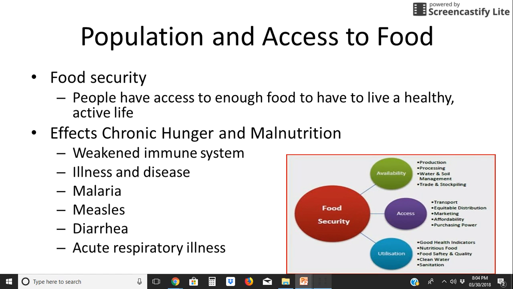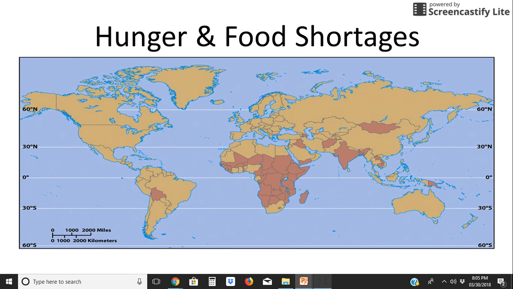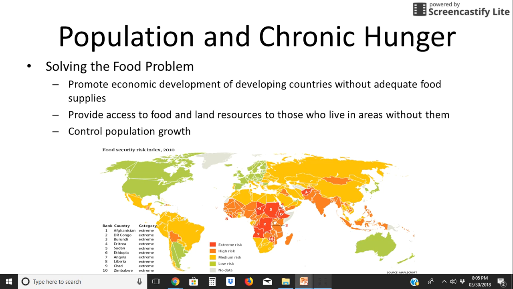And so malnutrition can lead to a weakened immune system, illness and disease, all kinds of problems that we see with chronic hunger and malnutrition. And so you can see here that there's hunger and food shortages by country. The obvious areas you would think, but it would be interesting to look at this just within our country. I don't have that map available, unfortunately.